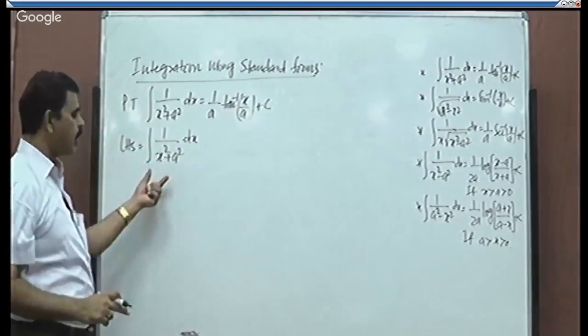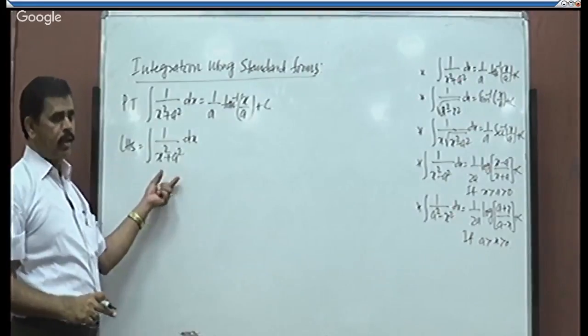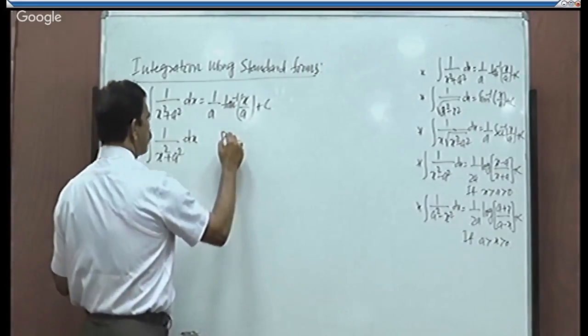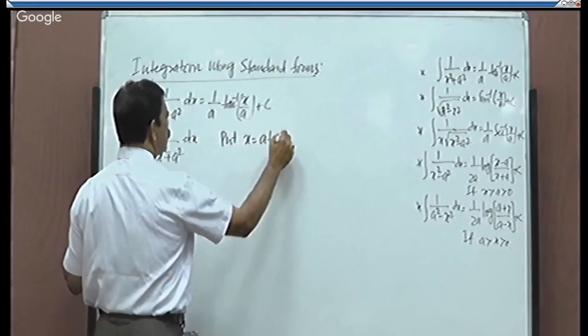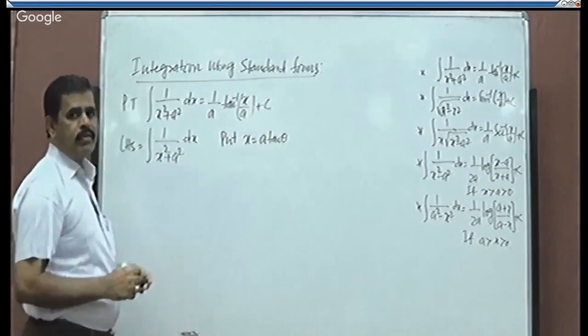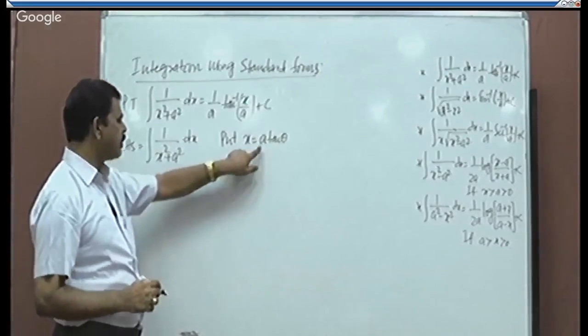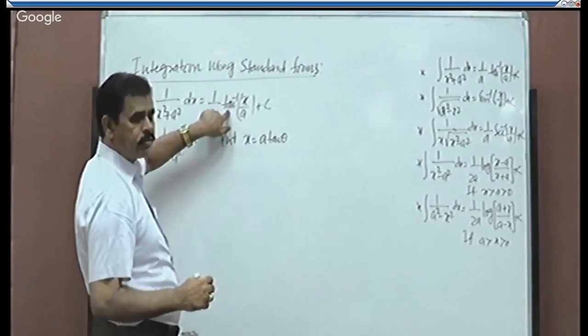Now we go for the substitution method. Put x is equal to a into tan theta. I have taken x as a into tan theta because I should get tan inverse.